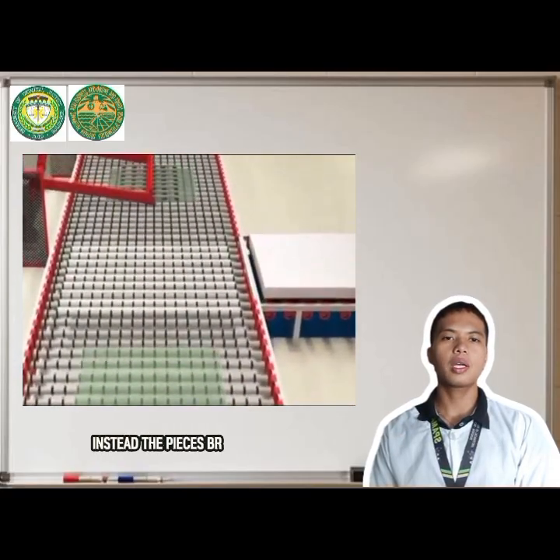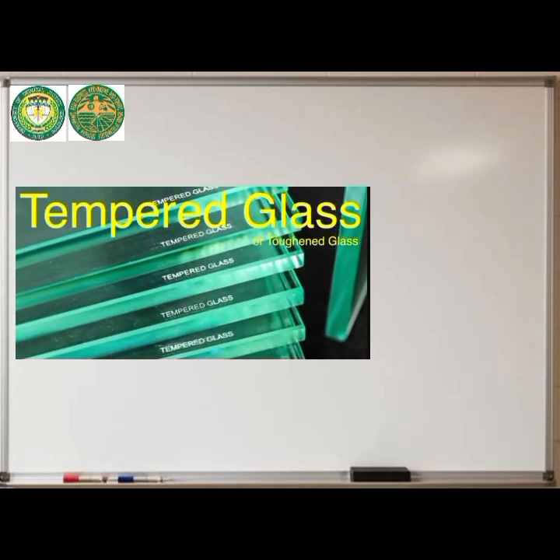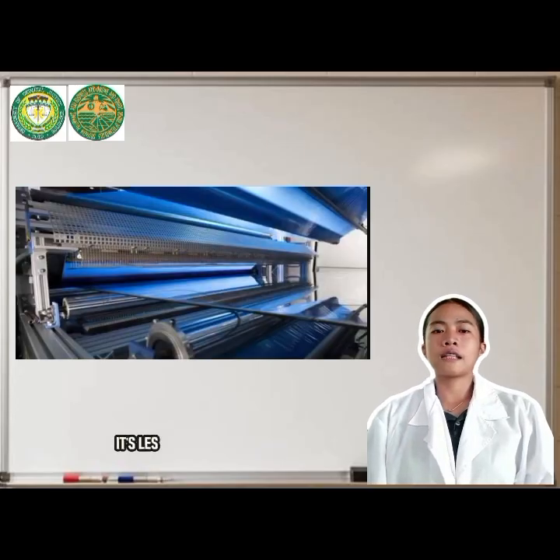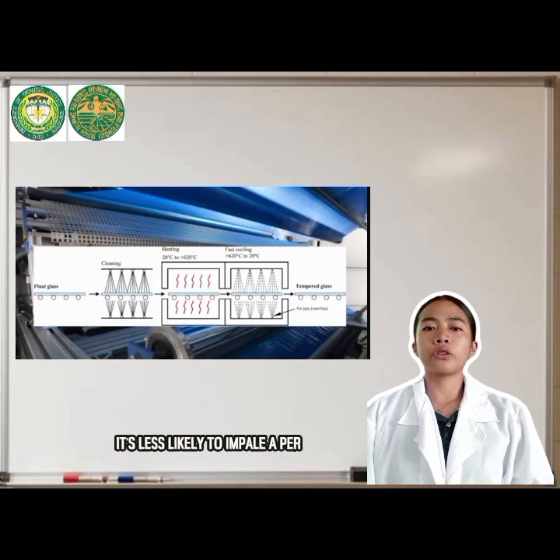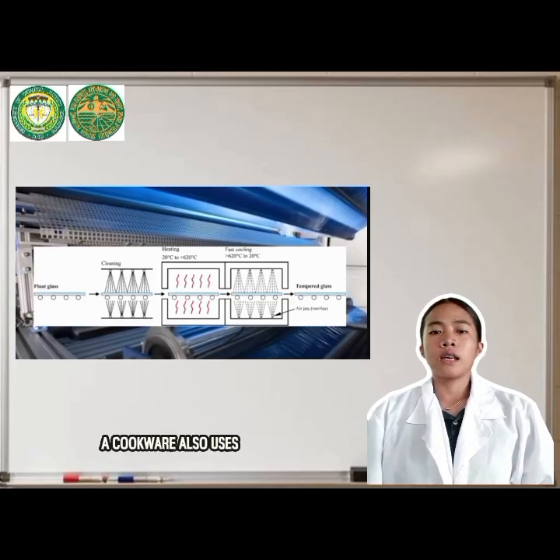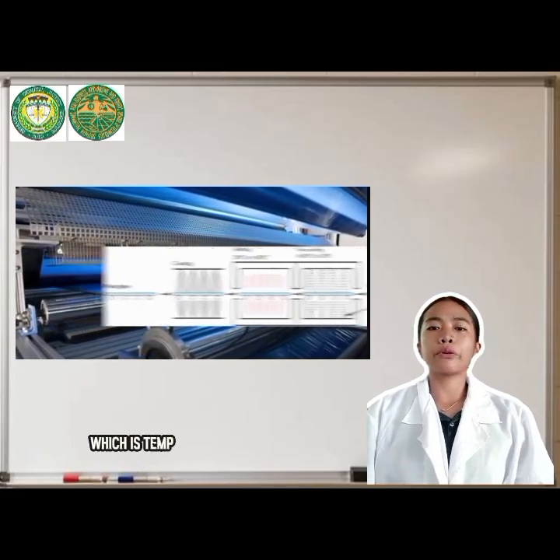Instead, the pieces break into very small pieces. Therefore, it's less likely to impale a person upon impact. Cookware also uses this type of glass, like Pyrex, which is tempered glass.